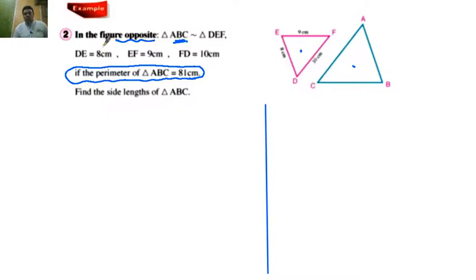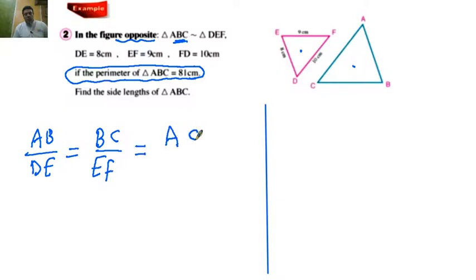If the two triangles or the two polygons are similar, then AB over the first side DE equals BC over EF equals AC, the third side, over the third side DF. That is the proportion of sides.